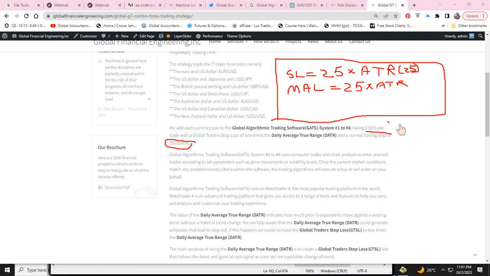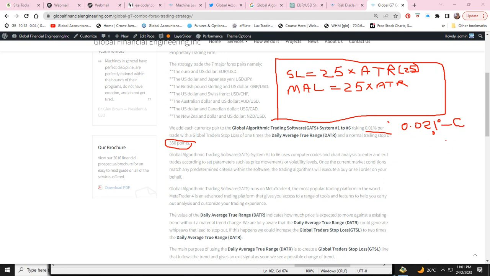For the aggressive, we can go up to 0.1. Okay, so remember we have the conservative and the moderate. For the conservative, we'll normally risk 0.02% on any one of these subsystems.